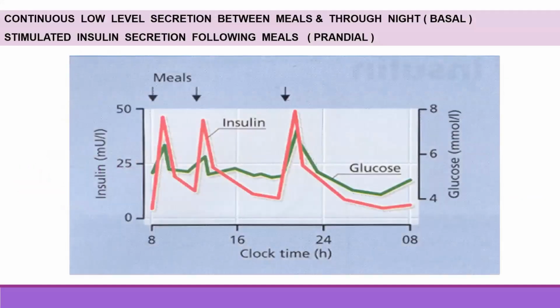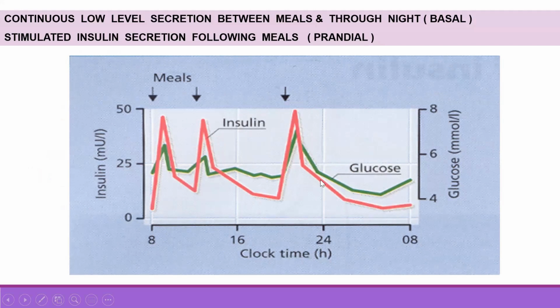So first, let me talk about how the insulin secretion occurs. In a normal person, as you know, the insulin secretion occurs at the basal level, and then with each meal, there is a rise in insulin secretion.